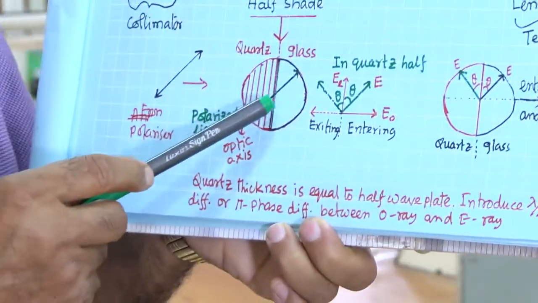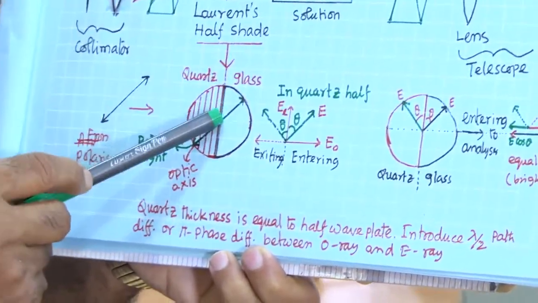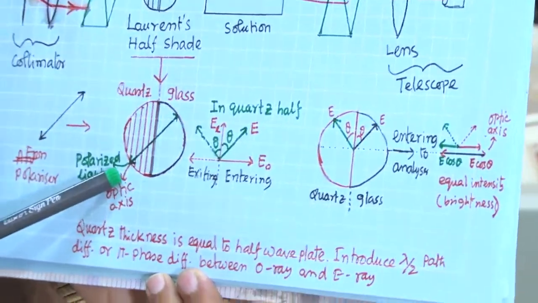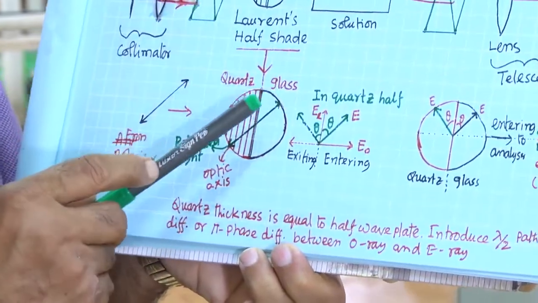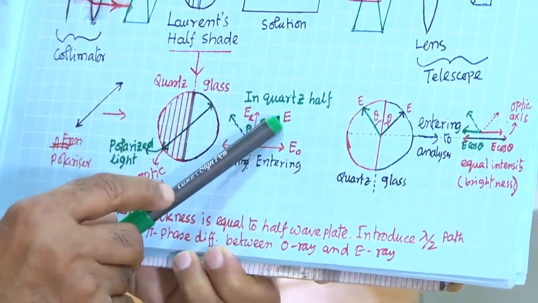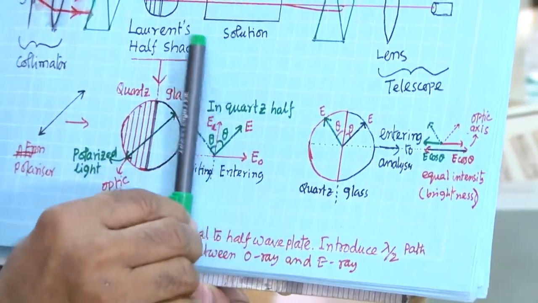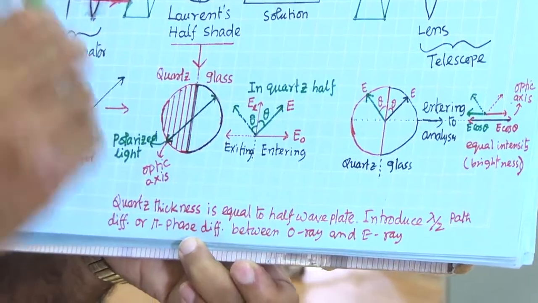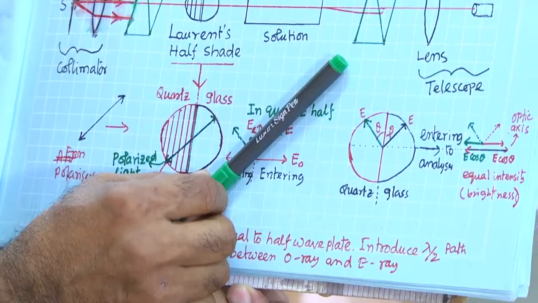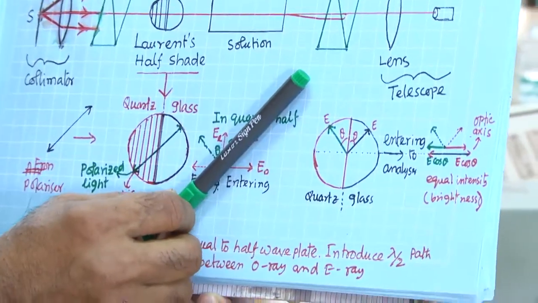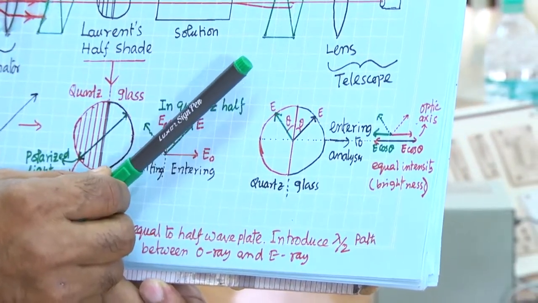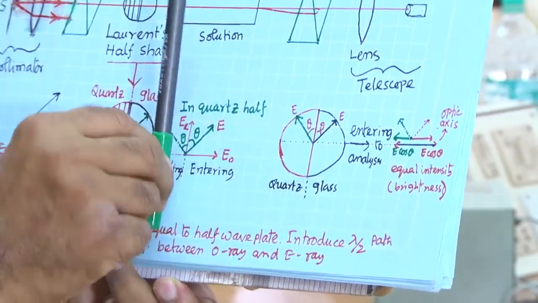But the part which is falling on the quartz side: if the electric component direction is this one, and the optics axis is this direction, then when this plane polarized light falls on the quartz, it is divided into two rays, O rays and E rays.